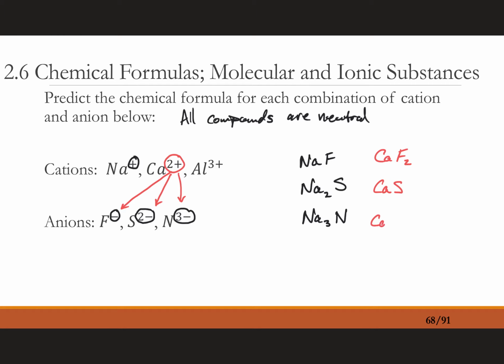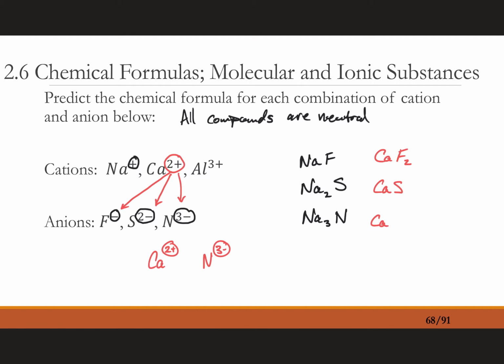Calcium and the nitride there, the N3 minus. Well, there's a 2 and a 3. You can't have 2 calciums, or even 1.5, because you can't have half of an atom. So what you do is what's called the crisscross method. You could do this for any of these, but here is where it really shows you the value of it.